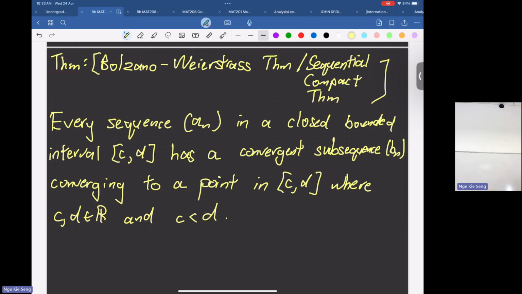If you have a decreasing nested interval, then you can find the limit. Correct or not? Can I produce some nested interval here?